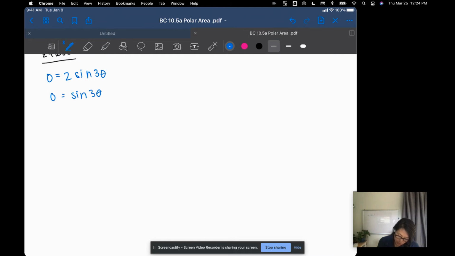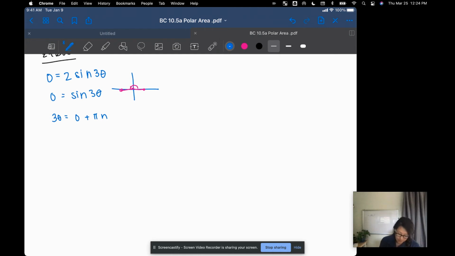So sine of an angle is 0 when it's 0 or pi, so I'm going to put pi n. Remember, it's like when it's 0 or when it's pi, and that's nice because these are 180 degrees from each other. Doesn't always happen in sine, but in this case it does.